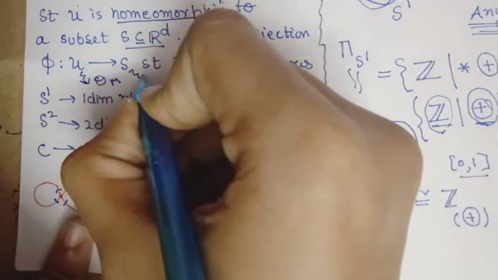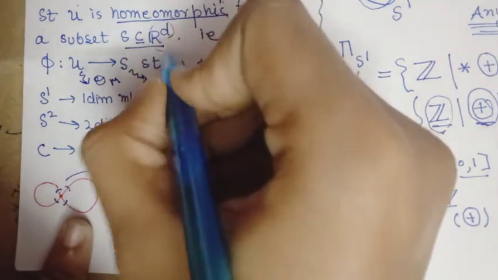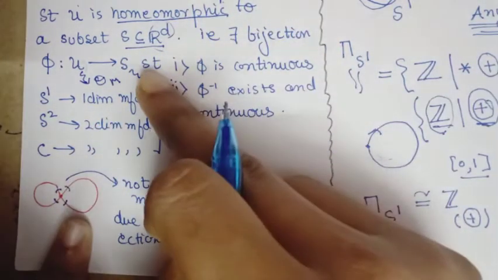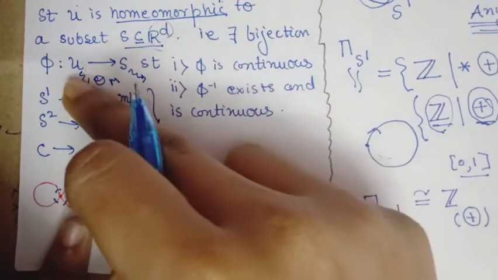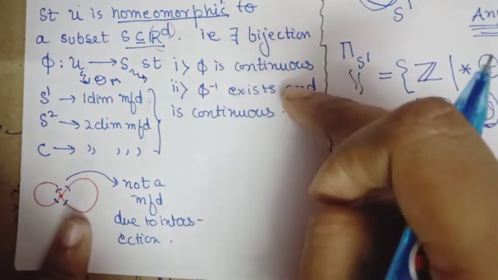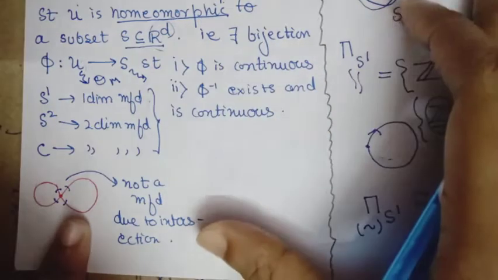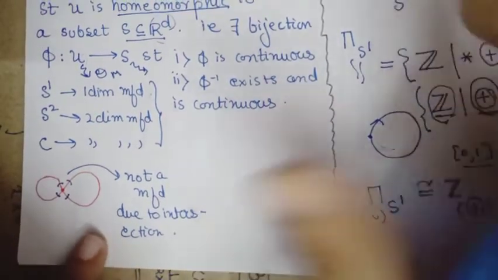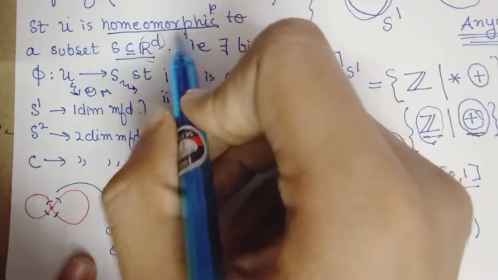You need a topology on R^d, which is the standard topology, such that with respect to these topologies, the map is continuous, the inverse of the map exists, and the inverse is also continuous. So what is homeomorphism?